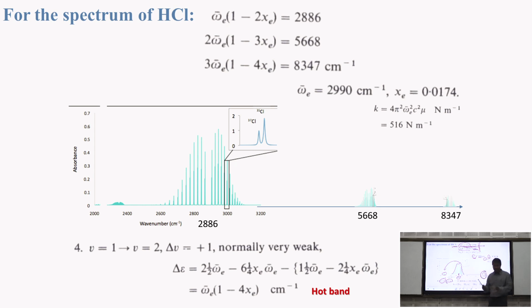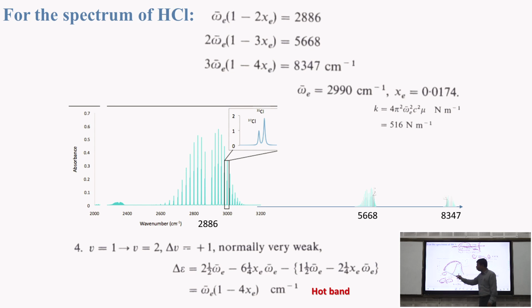The population at V equal to 1, which we just calculated, should be less than 1%, but because of the molecular system and the temperature, if you have an appreciable amount of population, then you can see a band before the fundamental band. Otherwise, the fundamental band should be the first band.